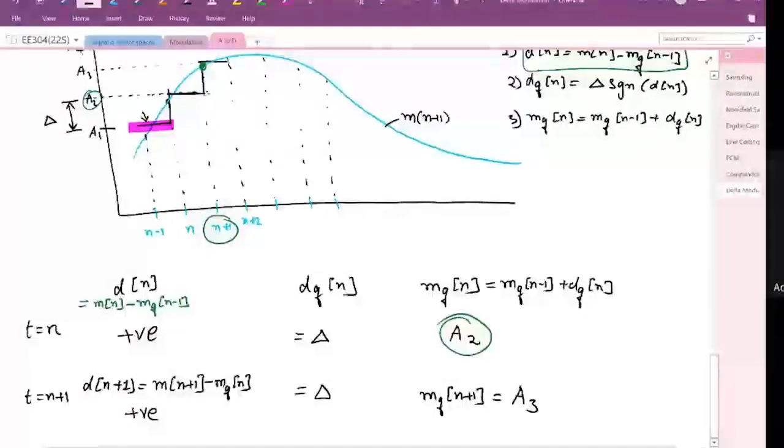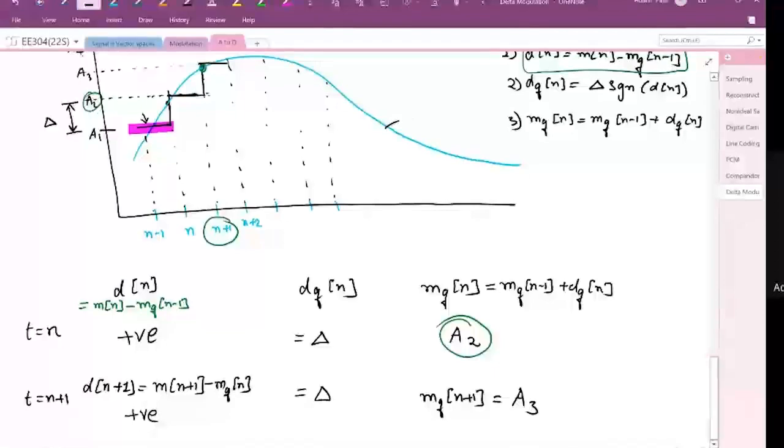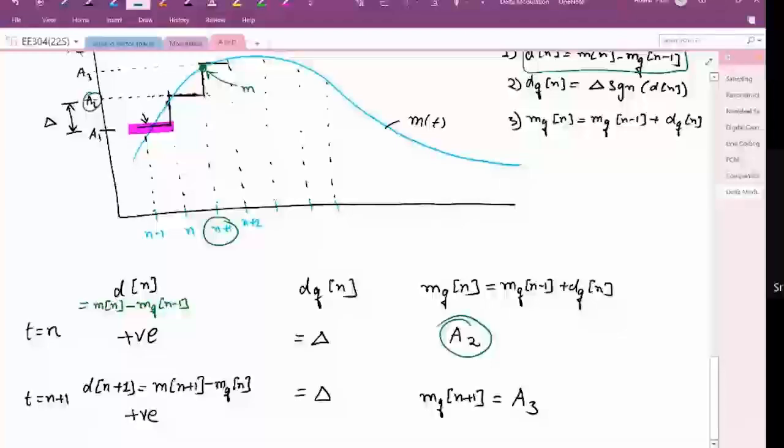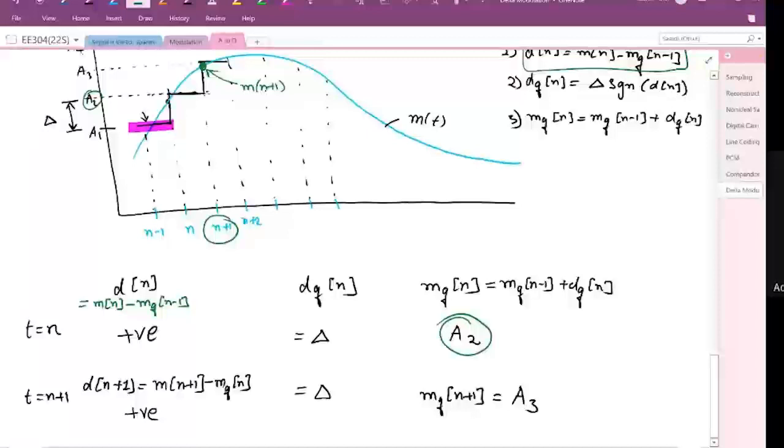You are saying that this is mt, but this point in here in green is mn plus 1, where mn plus 1 is less than a3.